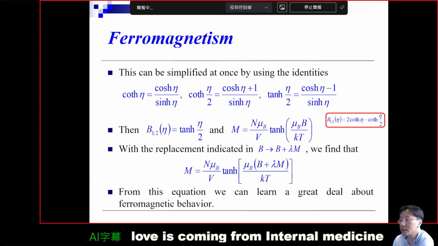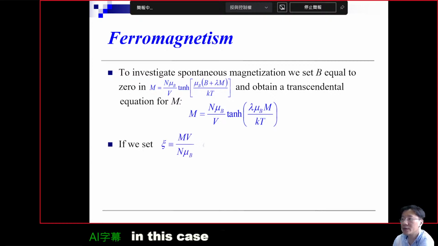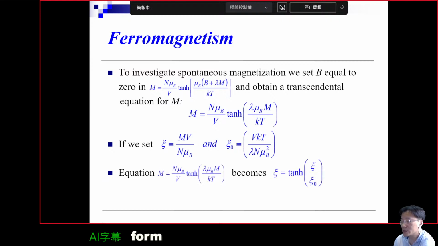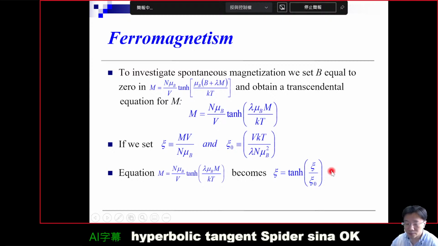Then in this case, we can further reduce the mathematical form like this. M over M naught is equal to hyperbolic tangent of M over M naught times T c over T. Okay, so in this case, we cannot solve it.